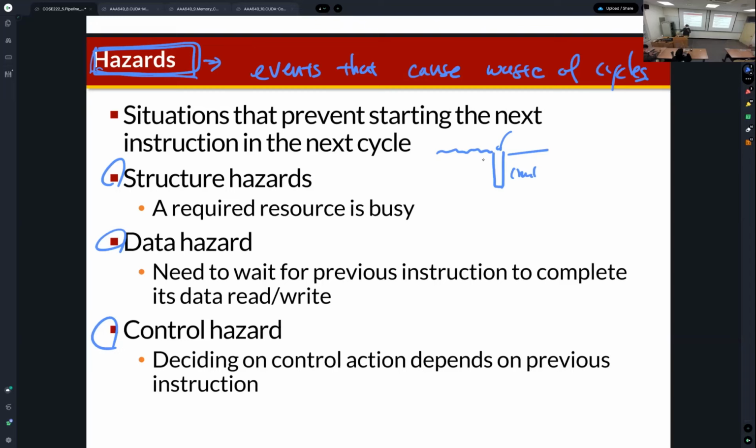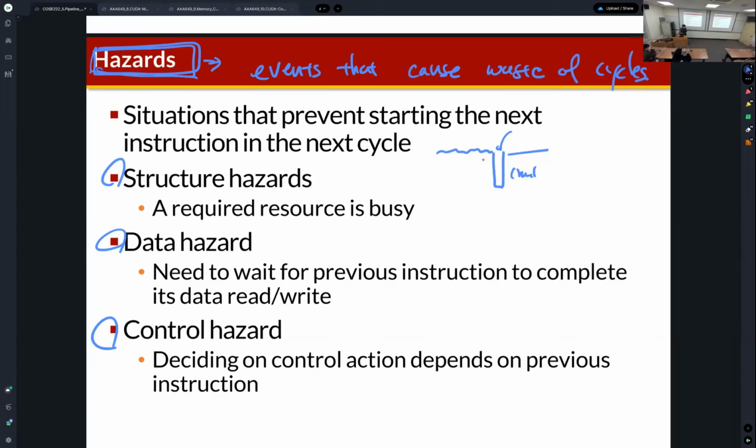That is the same as the behavior of a single cycle processor. But for a certain reason, a processor cannot receive an instruction.